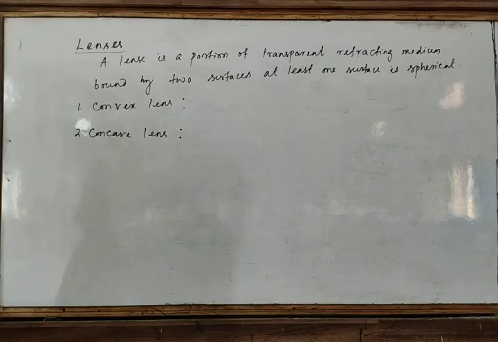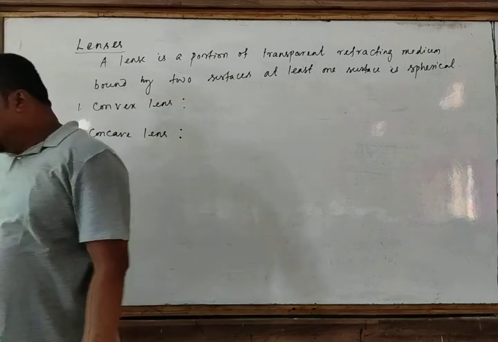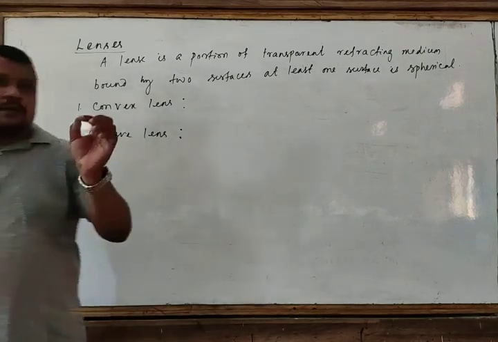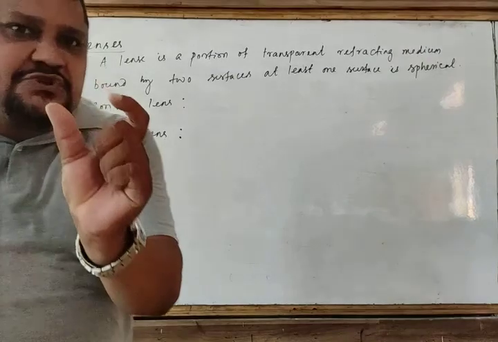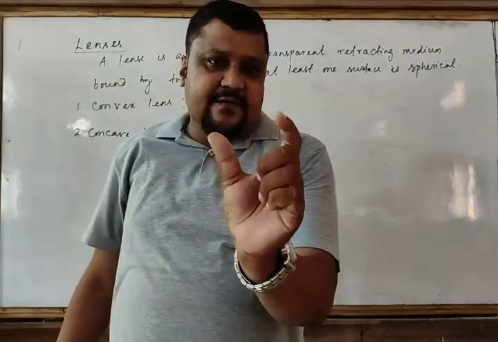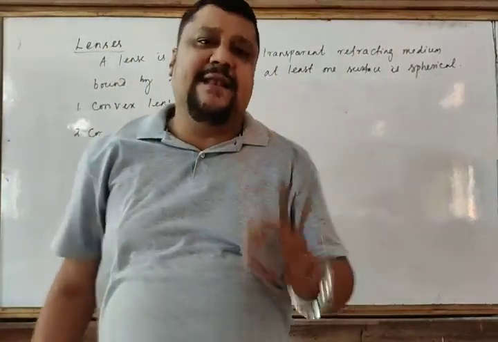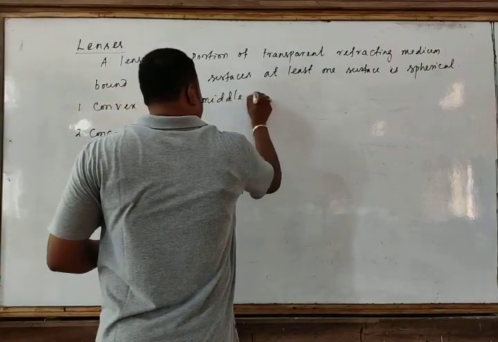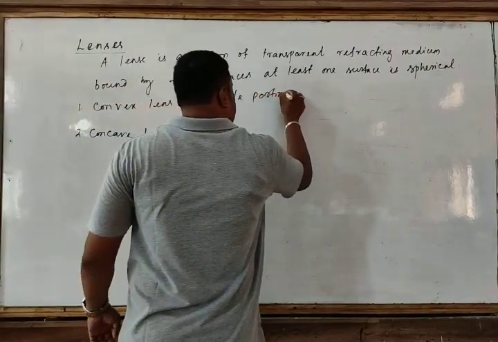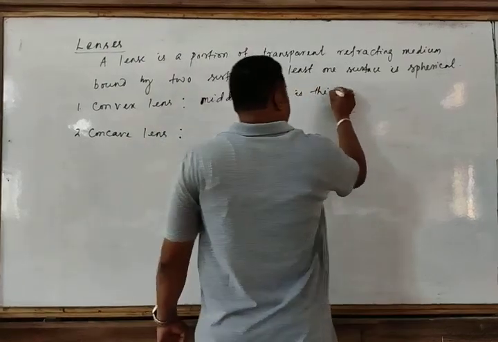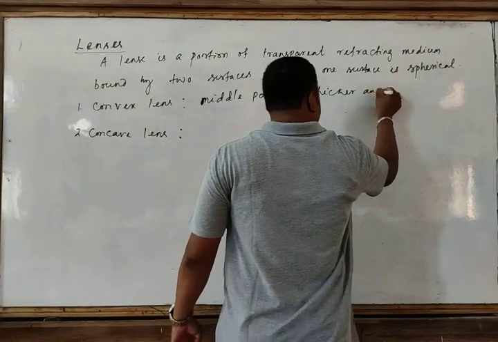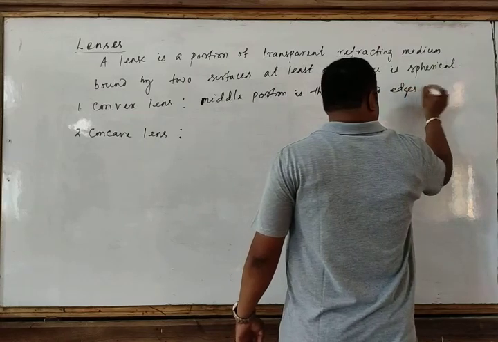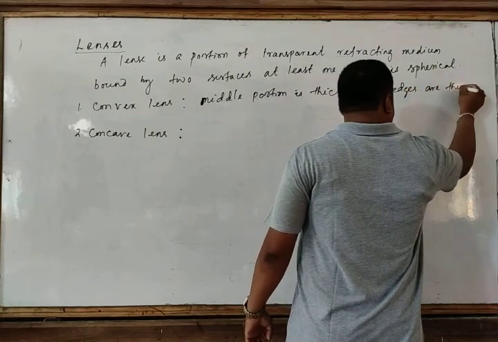Then what is a convex lens? The convex lens is the lens whose middle portion is thicker and edges are thin.